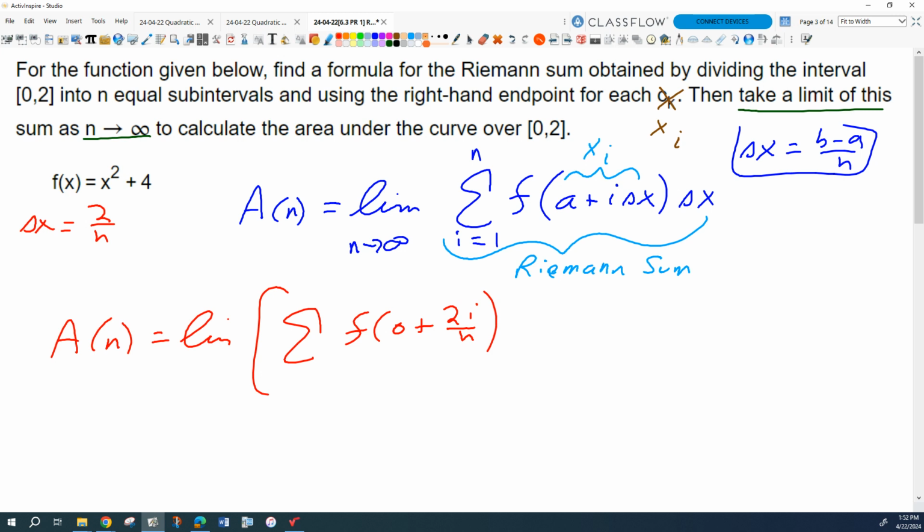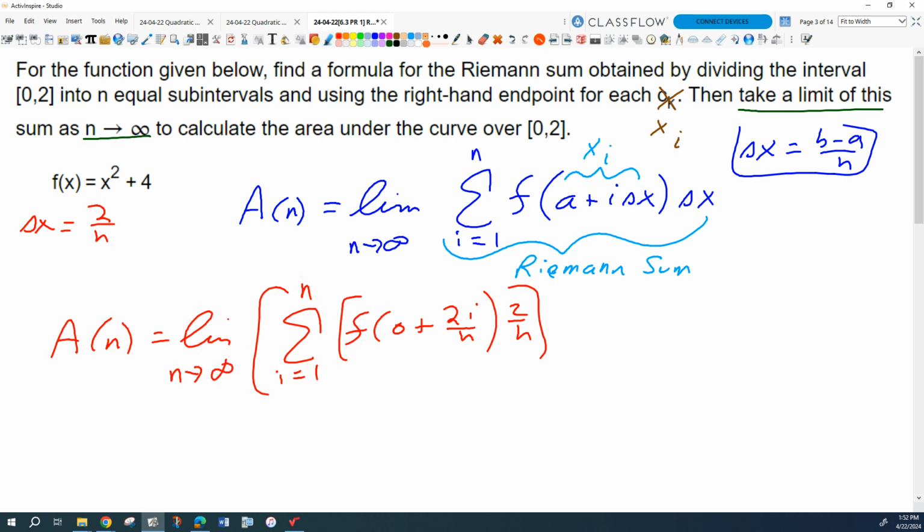Give me thumbs. Does that make sense? Okay. Times delta x, which is 2 over n, right? Okay, we're going to sum all that stuff as i goes from 1 to n. So there's our Riemann sum, and then we're going to take a limit to get an exact answer as n goes to infinity.